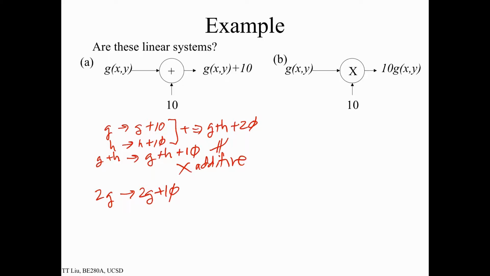If this satisfied the scaling property, then the output should be 2 times G plus 10, because G plus 10 was the output to G itself, and that equals 2G plus 20. These two things are not equal, so it doesn't satisfy scaling either. So this is not linear.